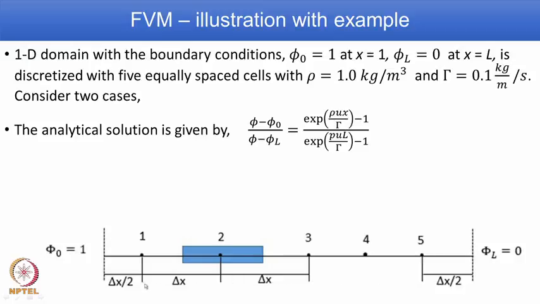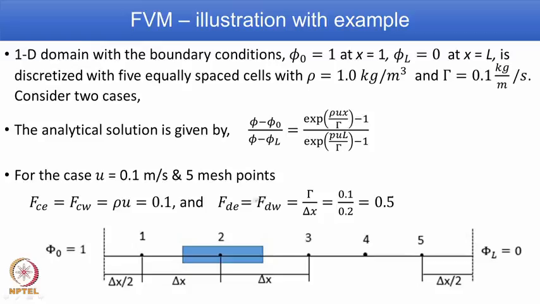Because it is equally spaced, node 1 which is a node near to the left boundary, similarly node 5 which is a node near to the right boundary, both are at a distance of delta x by 2 with respect to the respective boundary, and boundary conditions is already shown here both on left side as well as on the right side. And for this problem analytical solution is already given, and that is what is displayed here.